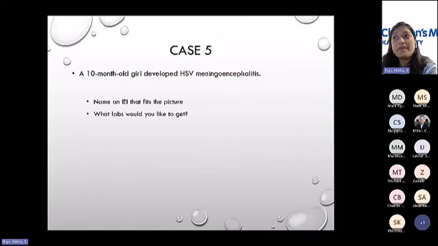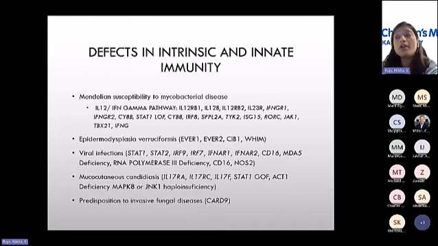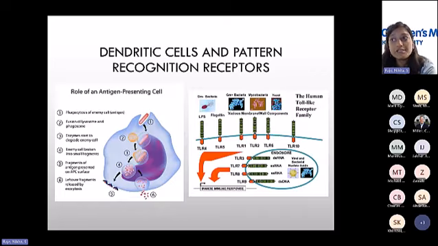10-month-old with HSV and meningoencephalitis. You want to think about TLR defects or defects in innate immunity. So there are multiple types of innate immune defects, like Mendelian susceptibility to mycobacterial disease, predisposition to HPV, various viral infections, chronic mucocutaneous candidiasis, or invasive fungal infections.